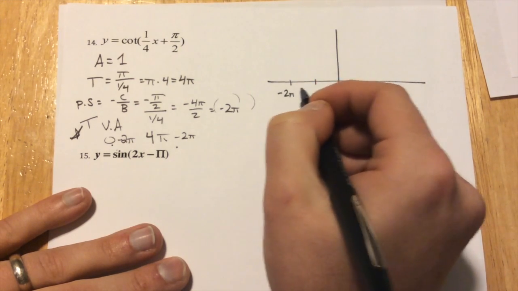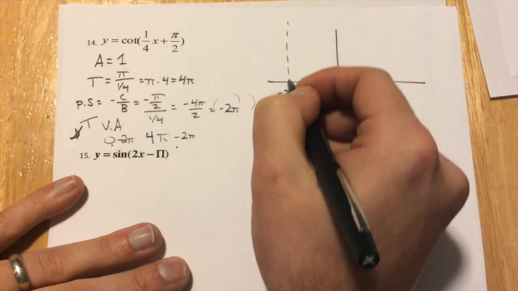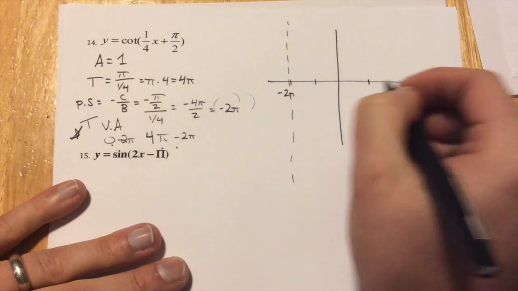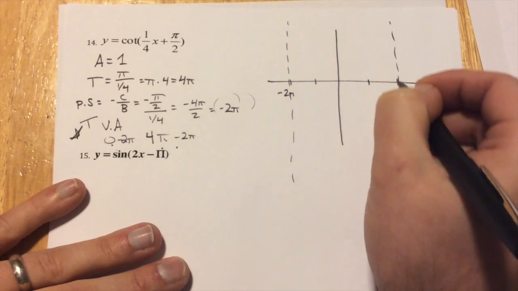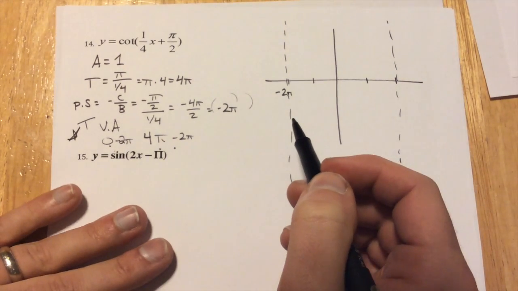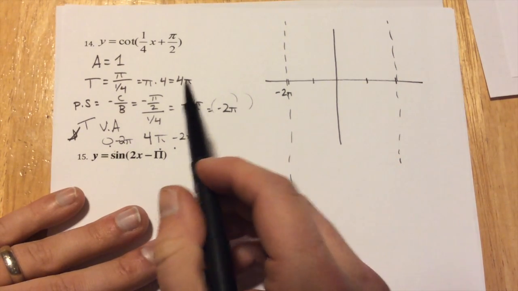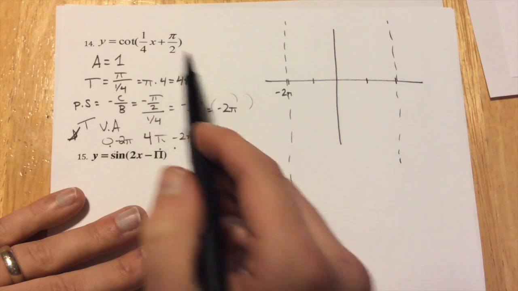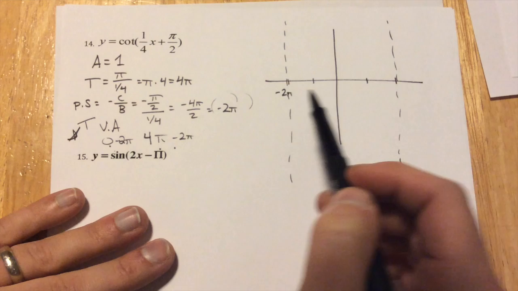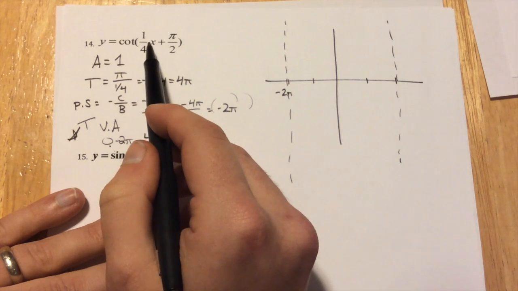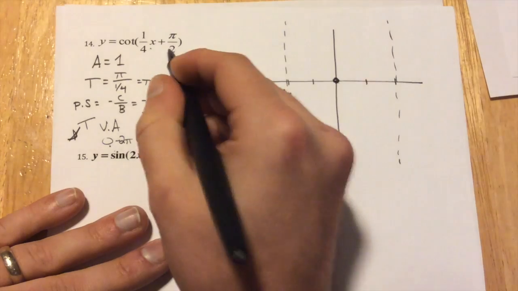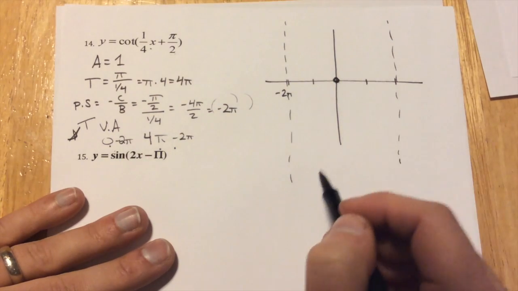So there's negative 2 pi. I'm going to have a vertical asymptote right there. Instead of being at 4 pi, I'm going to be at 2 pi to the right. Now, what makes this 0? Normally, if I plugged in pi over 2, I'm going to be at 0. So if I plug in 0, I get cotangent of pi over 2, which is 0.